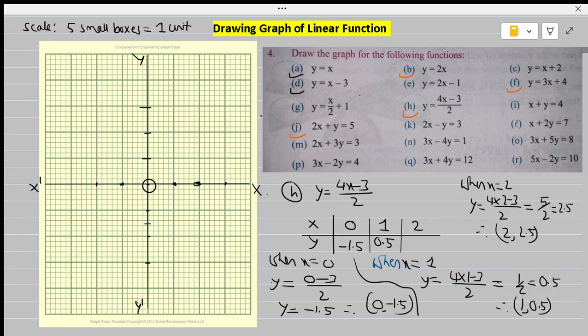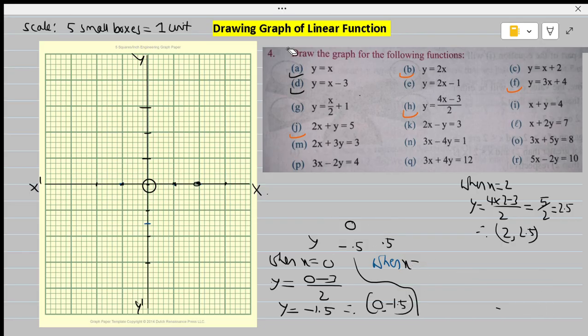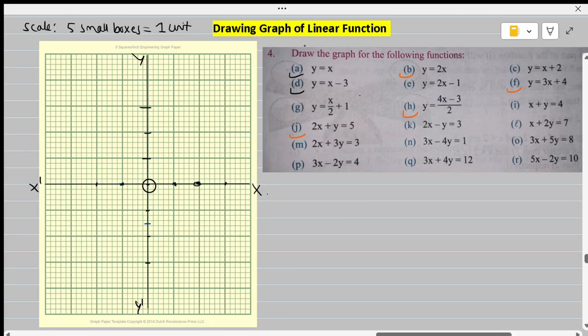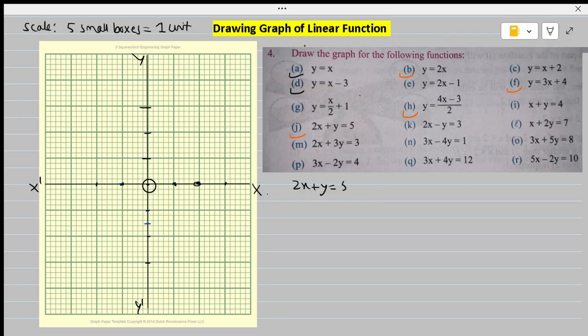Okay, so let's clear this as well. Now I'm going with number I. We have 2x plus y equal to 5.